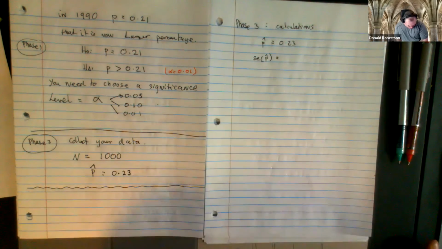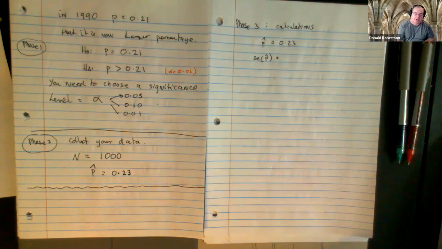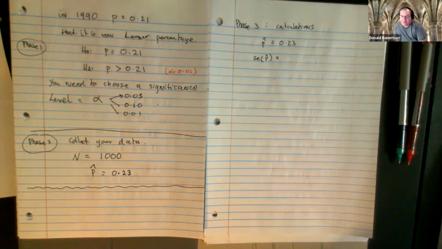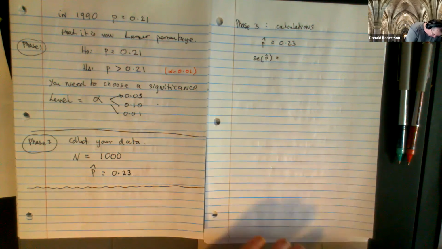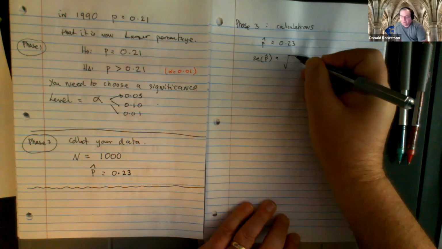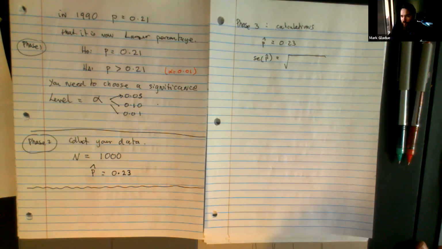Can anyone remember, because we've used this formula in all sorts of other ways, what the standard error for p hat is? What's the formula for it? I'll start by giving you, it's a square root. P hat times 1 minus p hat over n.